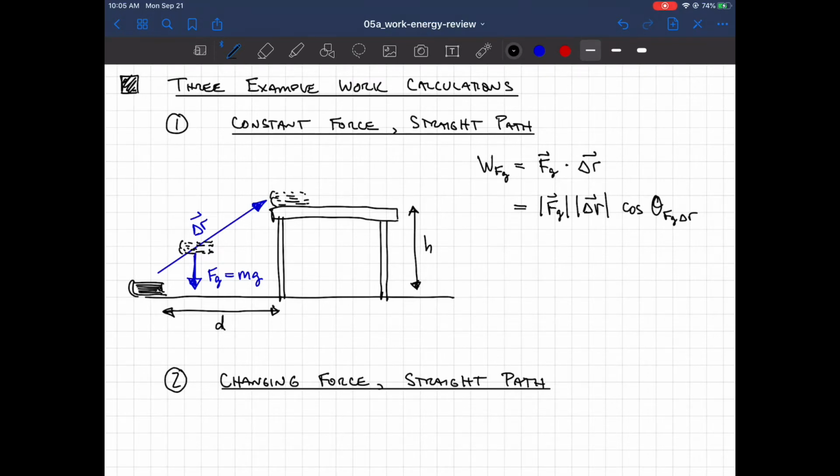There's a couple ways that we can do this. So one way is we can look at that angle. So let's see. If we have the delta r vector that looks like this, and we have the Fg vector that looks like this, then this is going to be the cosine here.